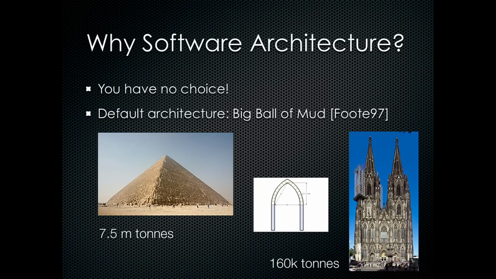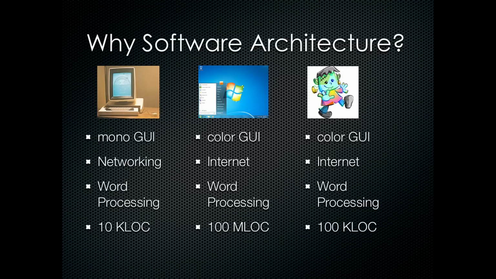So let's go back to software. What does it take to build modern personal computing? On the left, we have the Alto from Xerox. That was where they invented personal computing. It had a graphical UI. It was monochrome. They had networking, invented Ethernet.